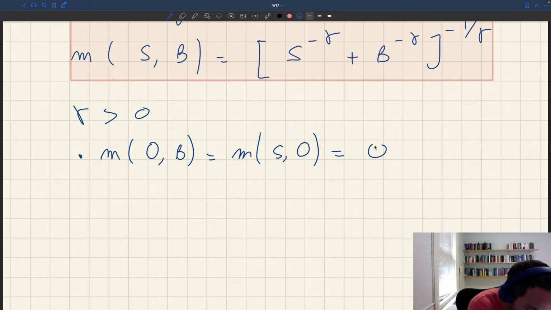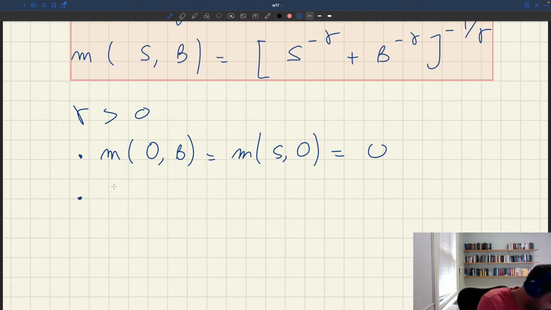And then something infinite to the power of minus 1 over gamma is going to be 0. The key thing here is that since we assume gamma is positive, minus gamma is a negative number and minus 1 over gamma is a negative number, and so that ensures that when either the number of sellers or the number of buyers is 0, the matching function is equal to 0. So that's going to work.